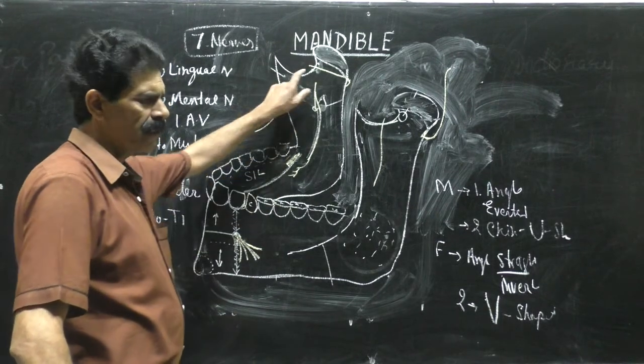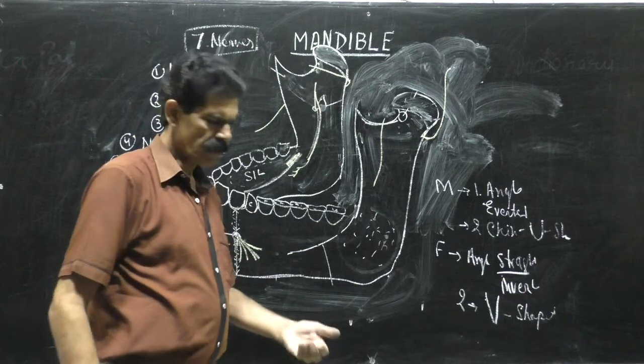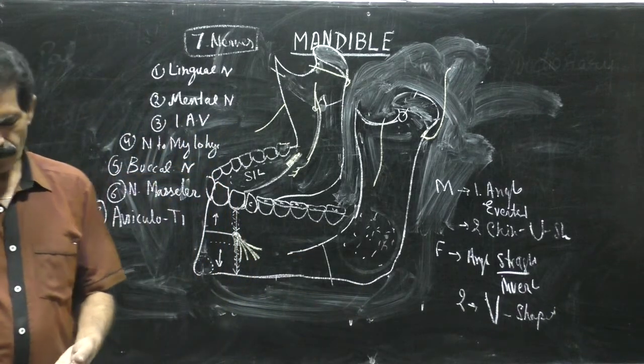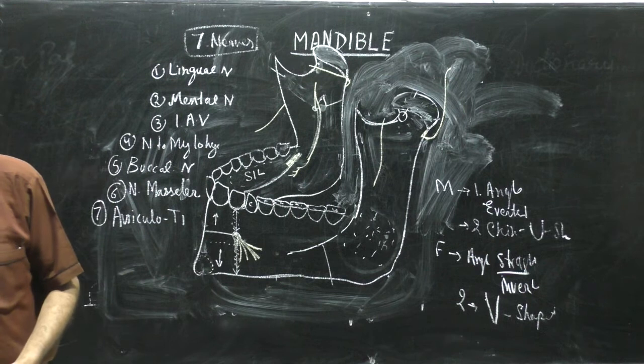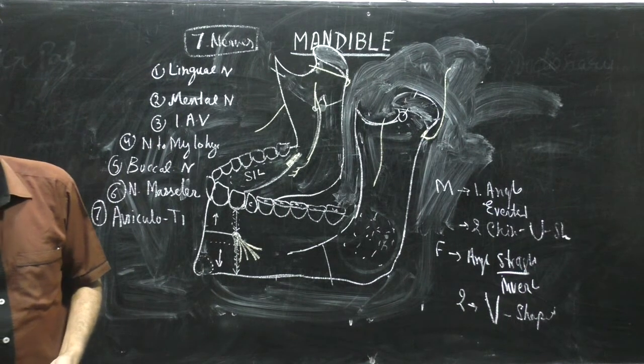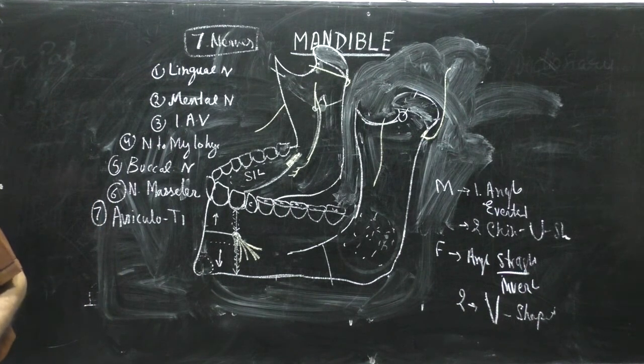Then the medial surface of the mandible is also touched by two more structures.